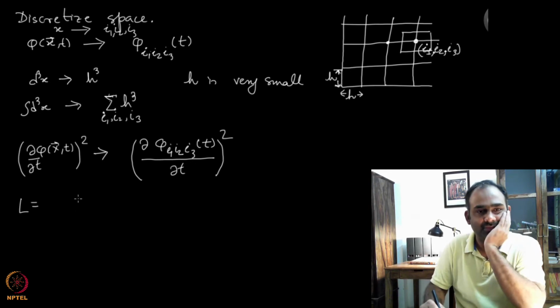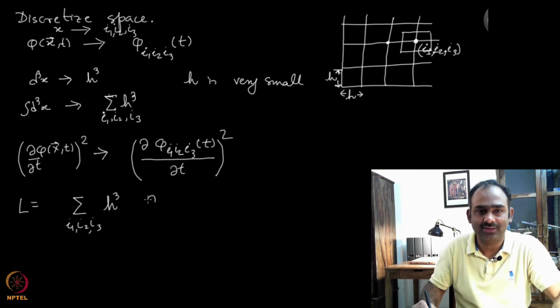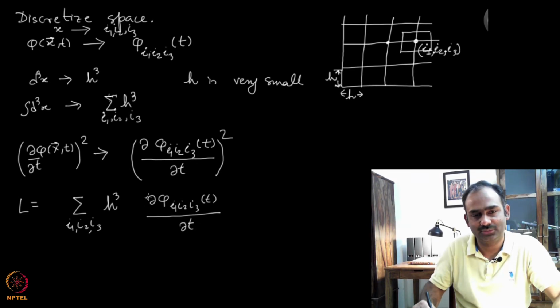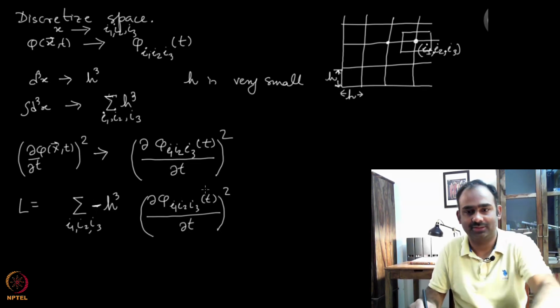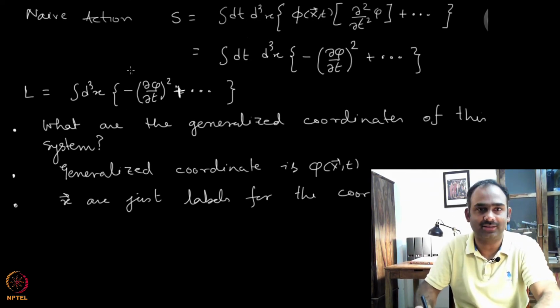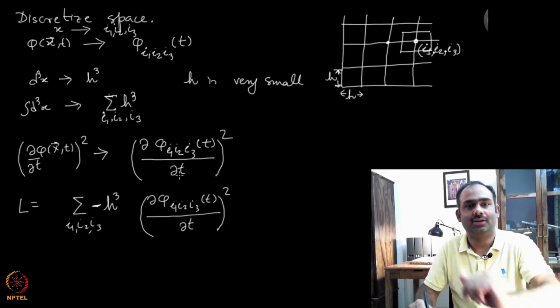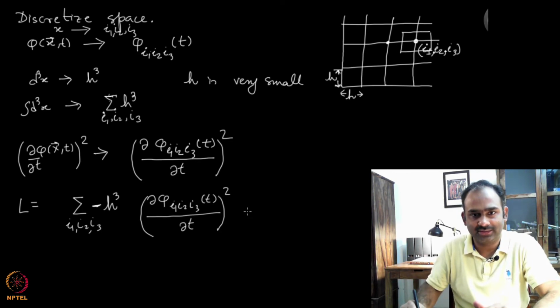So you see your Lagrangian is now a summation over I1, I2 and I3 of h cube, and then del phi squared. And there was a minus sign. Remember that minus sign here.